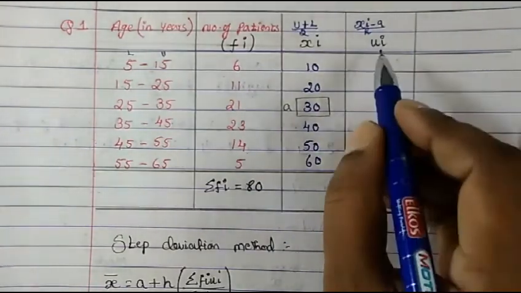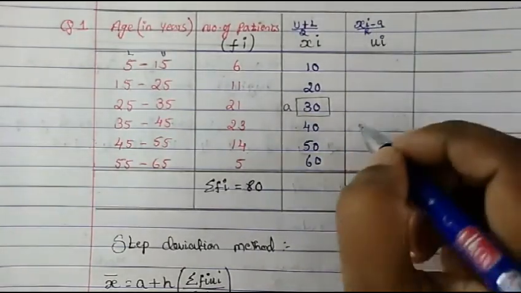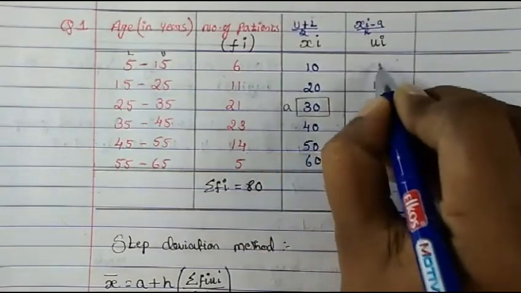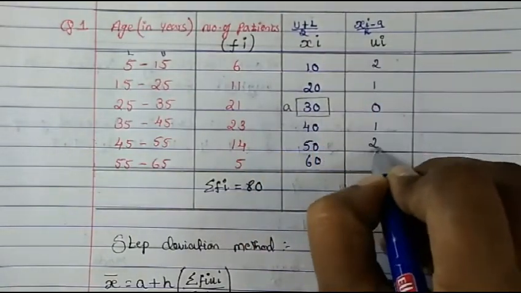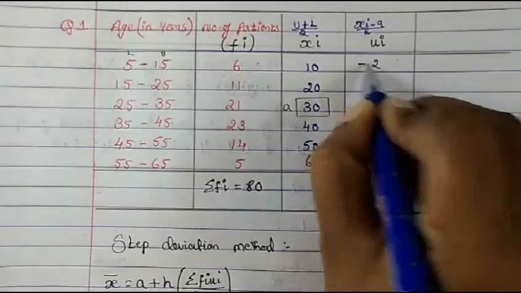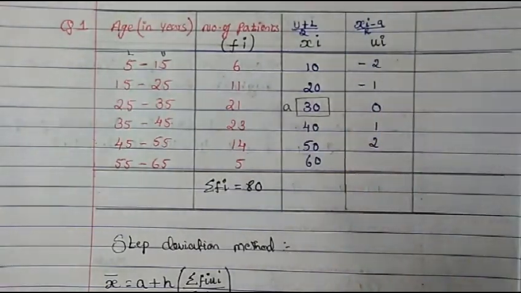I told you ui column is very easy to write. You don't need to do all this calculation. All that you have to do is, where a is there, put 0 and go 1, 2, 3 up and down. Then on top you put it negative. If you want to verify, you calculate and verify. So that is the ui column.